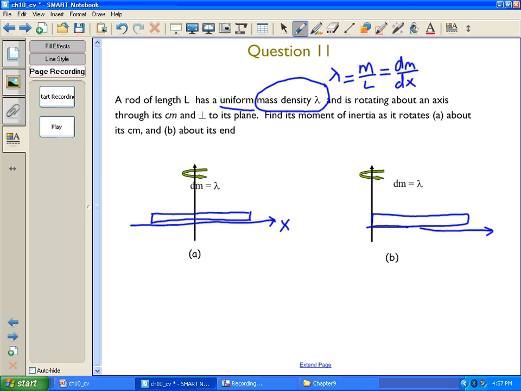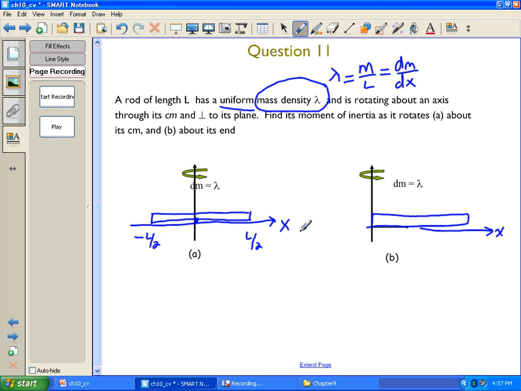So let's draw our x-axis there. It's rotating about an axis through its center of mass perpendicular to its plane. That is the first case here. So the center of mass here would be at minus L over 2 to L over 2, because the center of mass is in the true center and the entire length is L.